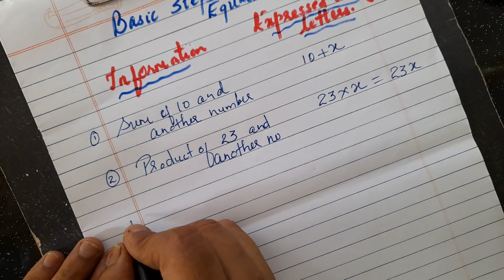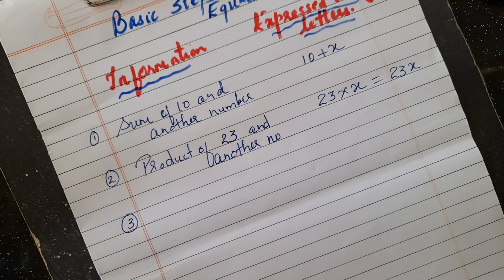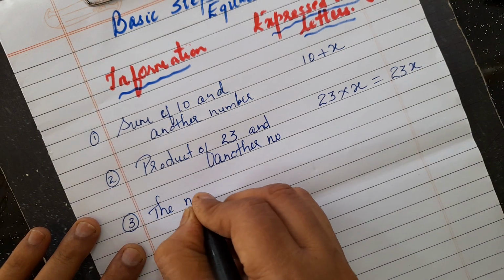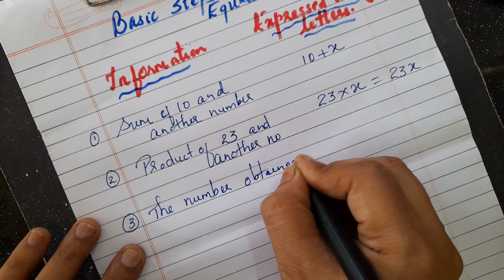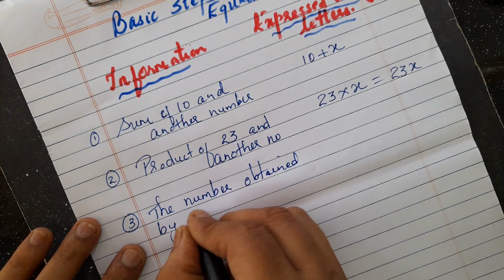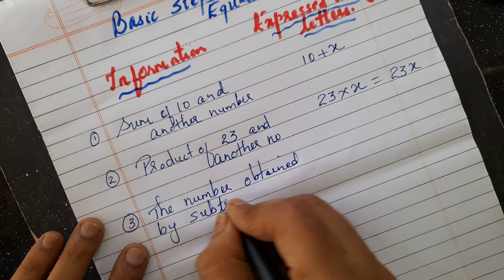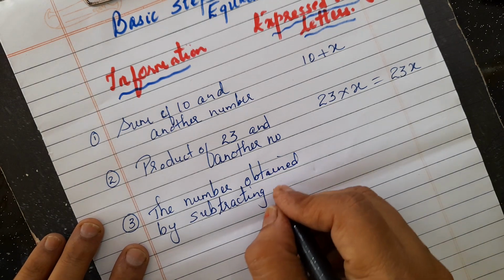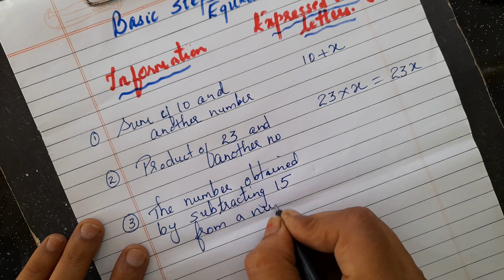Now let us see some more statements. The third one: the number obtained by subtracting 15 from a number.